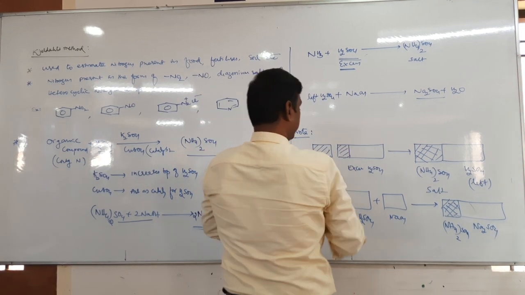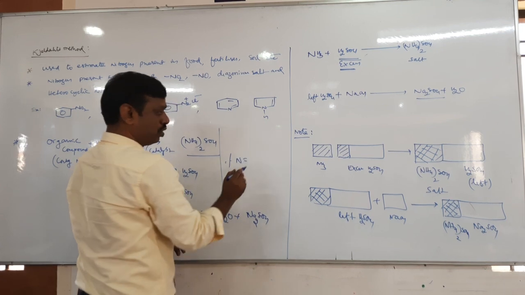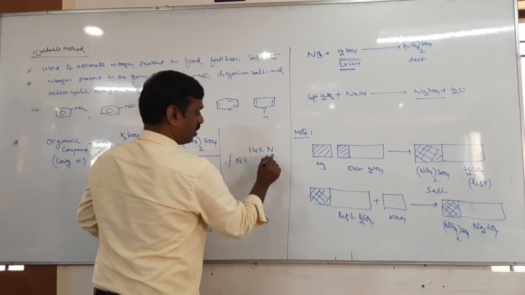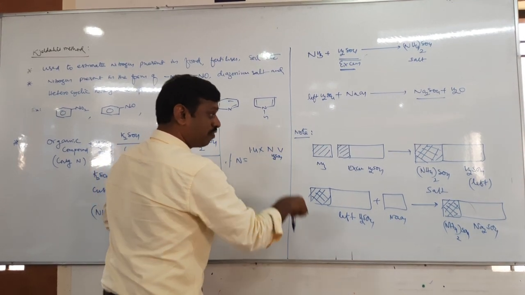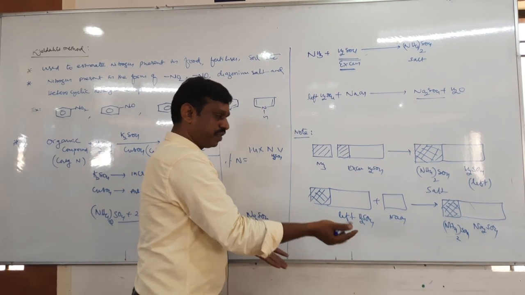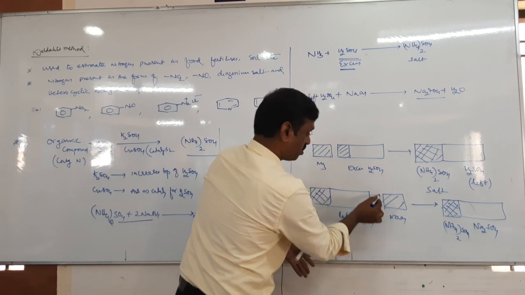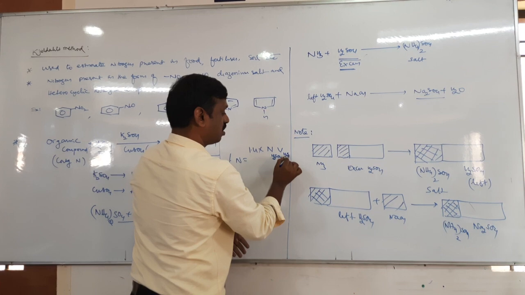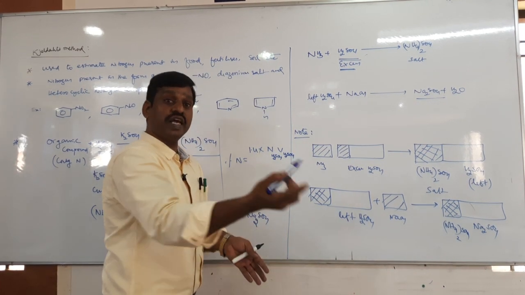Therefore now the percentage of nitrogen is equal to 1.4 into N into V. N is the normality of sulfuric acid, V is the volume of sulfuric acid, which is used for neutralization, that is, the volume of sulfuric acid that is used for NaOH, which is also called neutralization.